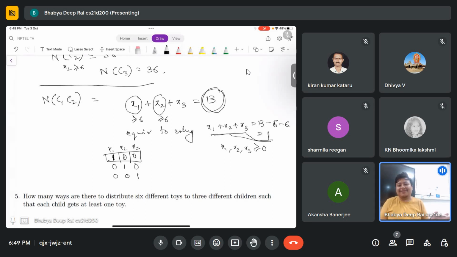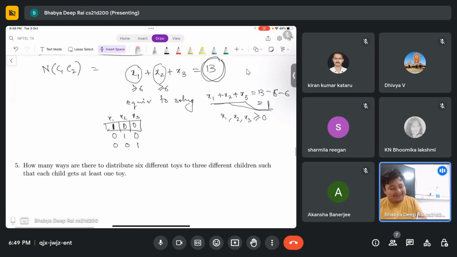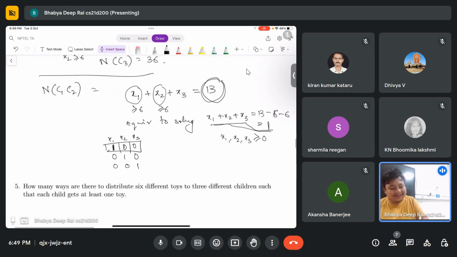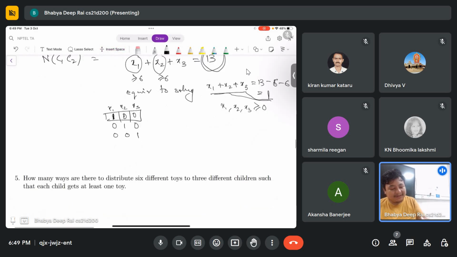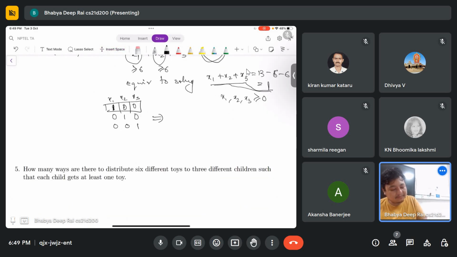You can do this using stars and bars too, but this is intuitively simple. So 3 ways. Therefore, n of c1, c2 is 3, and so is n of c2, c3, and so is n of c1, c3.